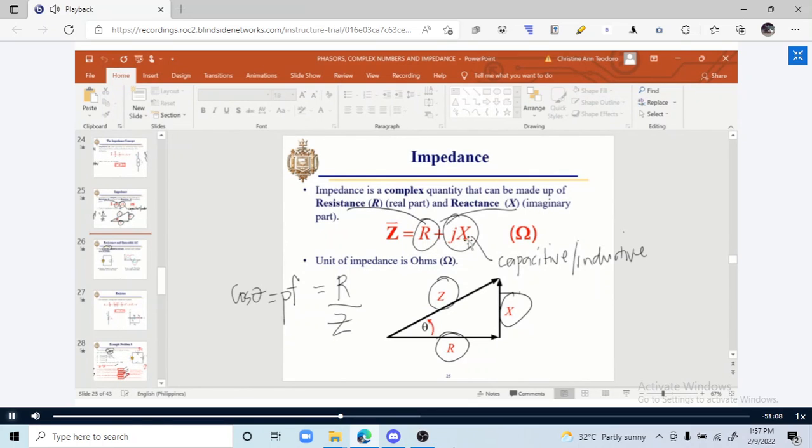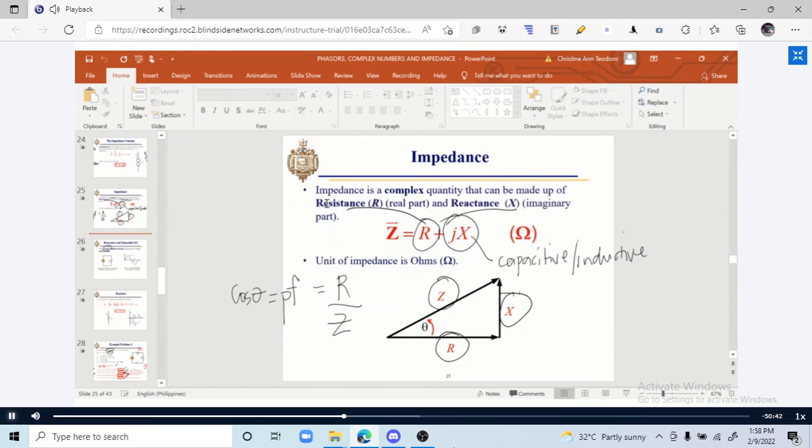Our R is our resistance, or our real part. And our jX is the reactance, which is the imaginary part. And our reactance can be either capacitive or inductive. Therefore, our capacitors and inductors can only be on the imaginary part, and our resistance can only be on the real part.